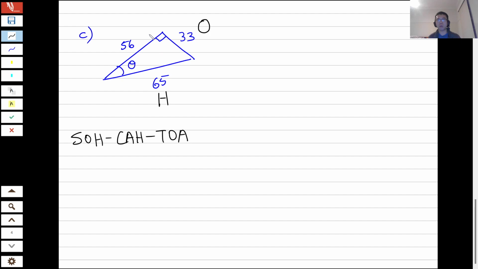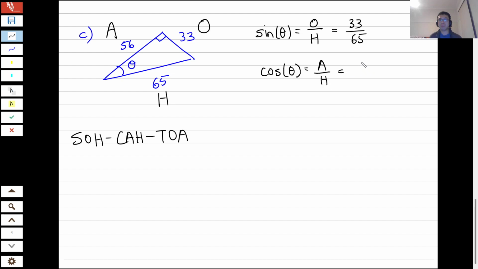And that's clear once we've got numbers in the triangle. Lastly, A is the remaining side. So sine equals opposite over hypotenuse, and that gives me 33 over 65. Cosine, adjacent over hypotenuse, 56 over 65. And tan, opposite over adjacent, which gives me 33 over 56.